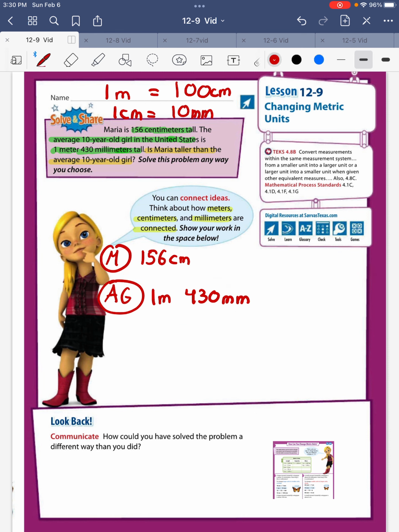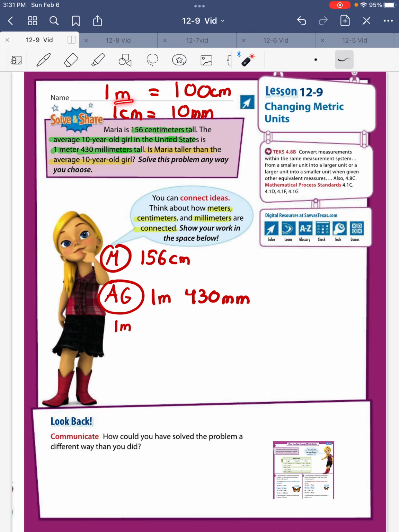So if I go here, I have meters first. I know 1 meter equals 100 centimeters, okay? So I'm going to put here 1 meter, and I need to convert it to centimeters, okay?